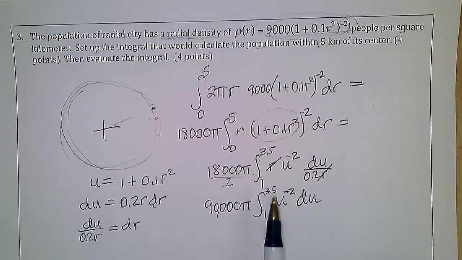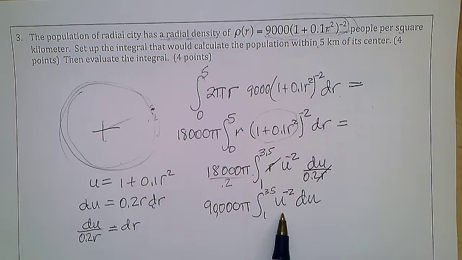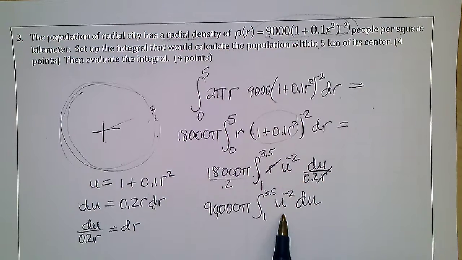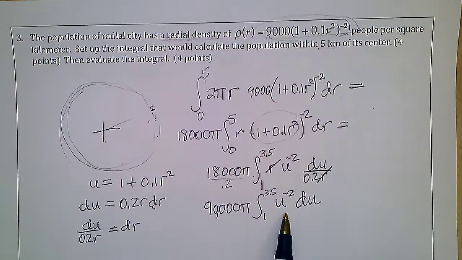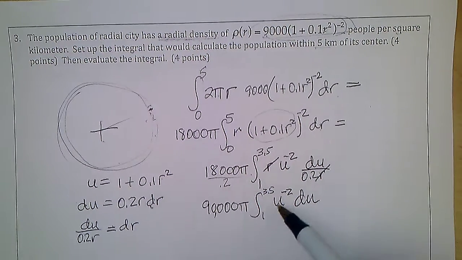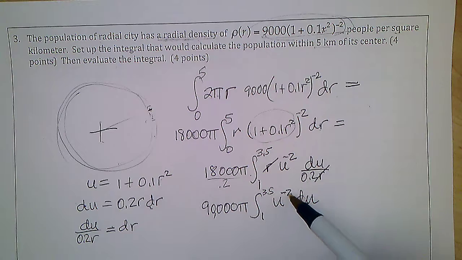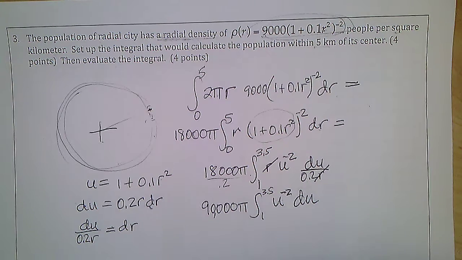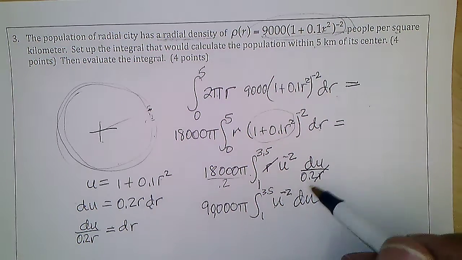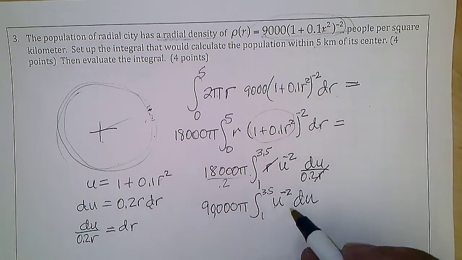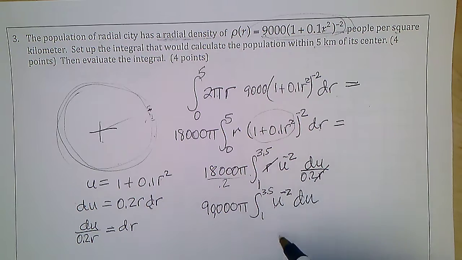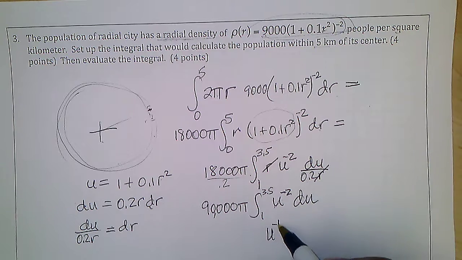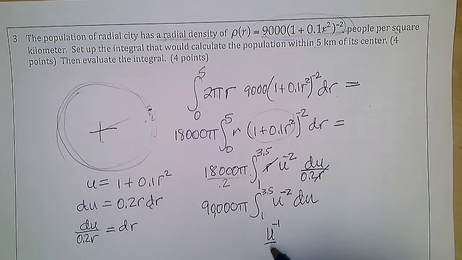Now it's a minus power, which means it's 1 over u squared. That is not ln. ln is only 1 over u. Simple. No others. So we use the power rule. It's not minus 1. If it's minus 1, it's ln. Otherwise, it's not. So add 1 to minus 2 is minus 1, and divide by the minus 1.